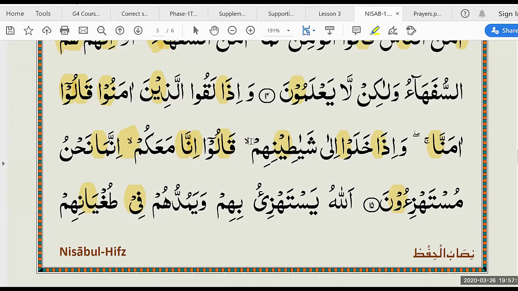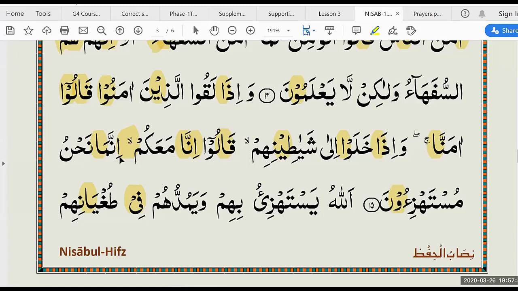You did not pause on shayatinihim or ma'akum. However, when you stopped at innama, you continued from innama. So it is suggested for this sign that we go back a few words and continue from there so that the meaning of the verse won't be affected.